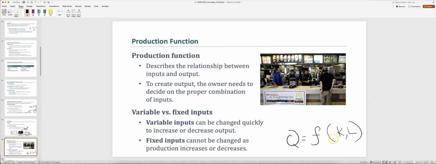The technology. So the technology is combining the inputs to make an output. And as it says right here, that production function then is describing the relationship between the inputs and the outputs.